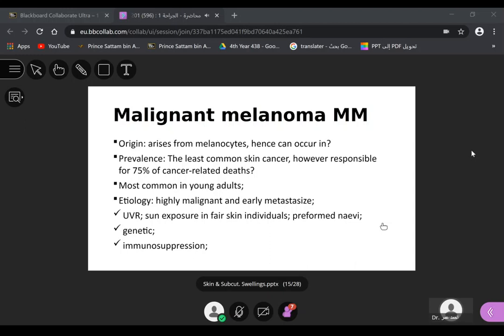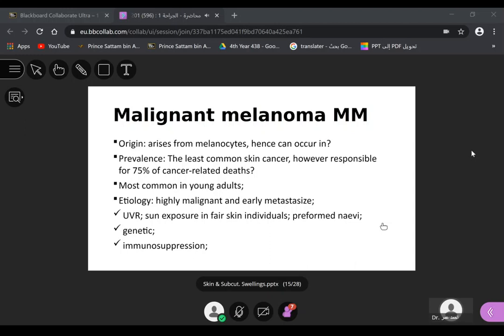However, despite this low rate, this tumor is responsible for 75% of deaths in patients with skin cancer. Despite being the least common, its mortality is very high.